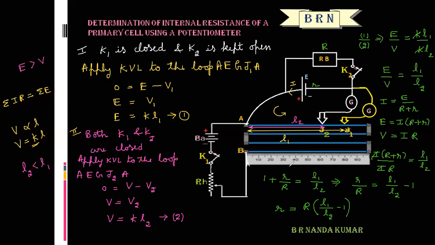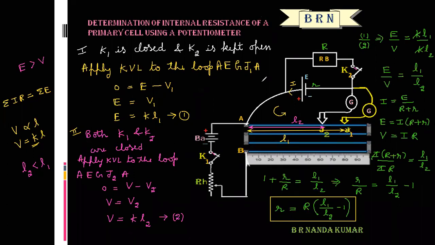So this formula can be used to find the internal resistance of a primary cell. Small r is equal to capital R of L1 divided by L2 minus 1.